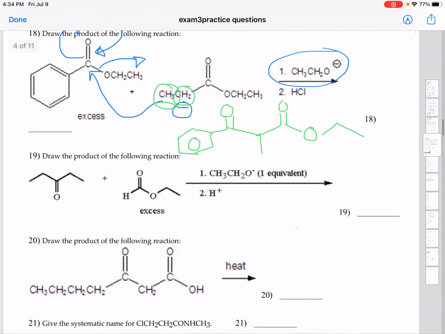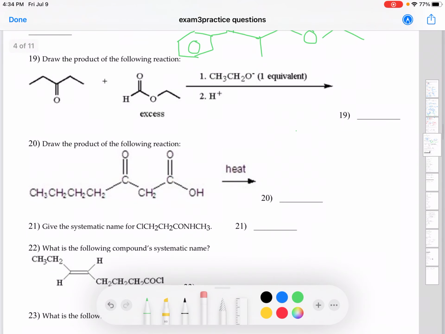So again, we are adding one equivalent of the base, this guy. Now who has an alpha hydrogen? The first molecule or the second one? The first one has 4 alpha hydrogens. So it could be any of the 4 alpha hydrogens.